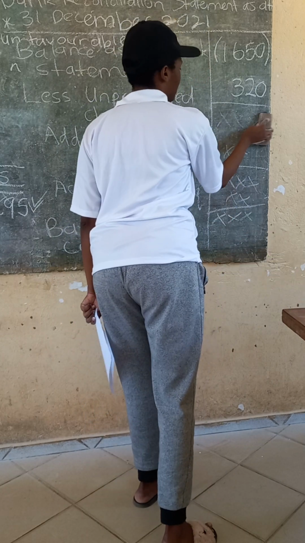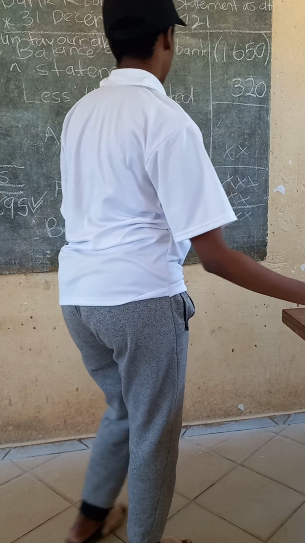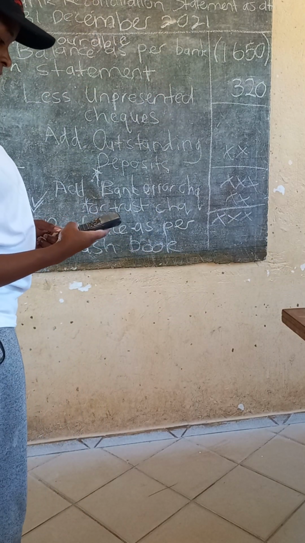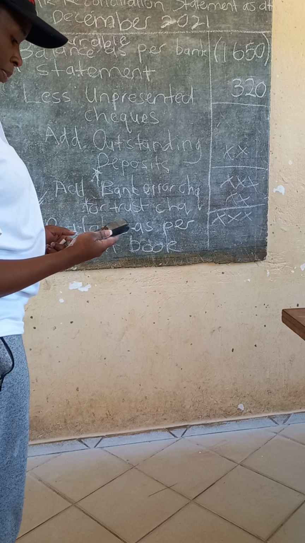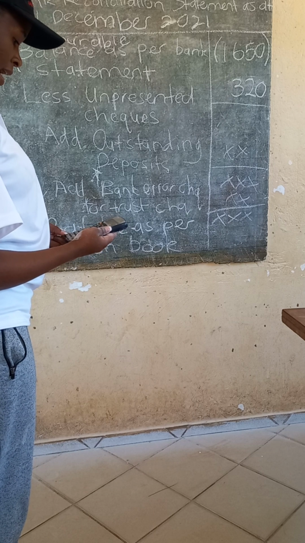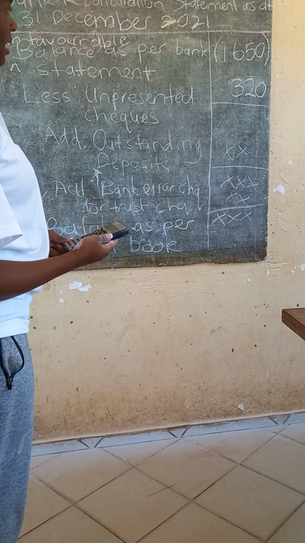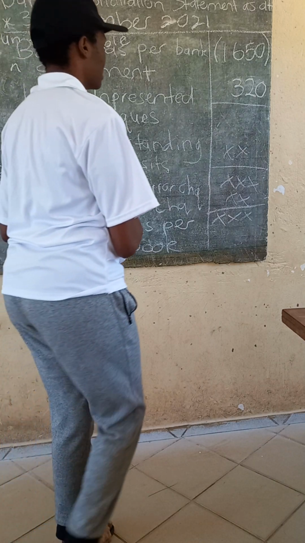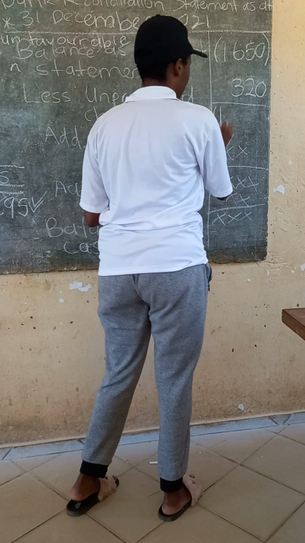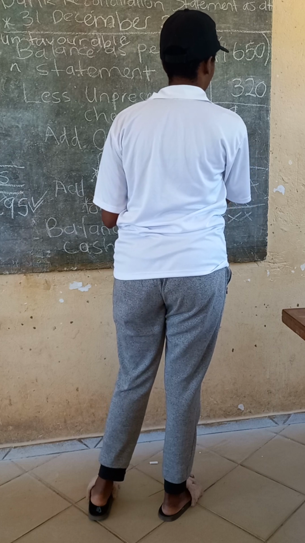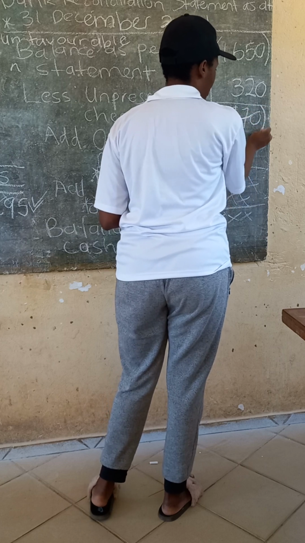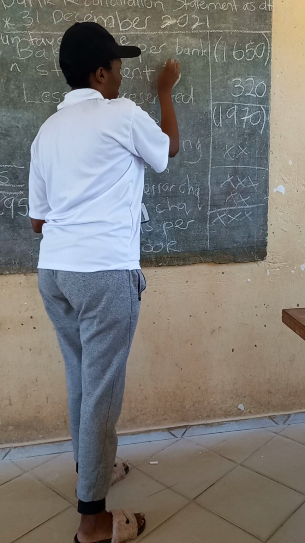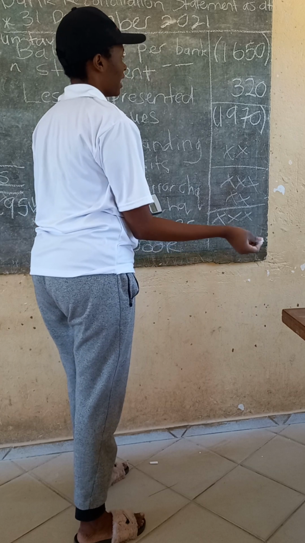The issue here with this question is that since it's a negative balance, when we're entering it in our calculators, we have to put the negative sign in the calculator, and then we say minus 1,650 minus 320 for us to get negative 1,970, because basic mathematics will say that a negative and a negative will make a positive.